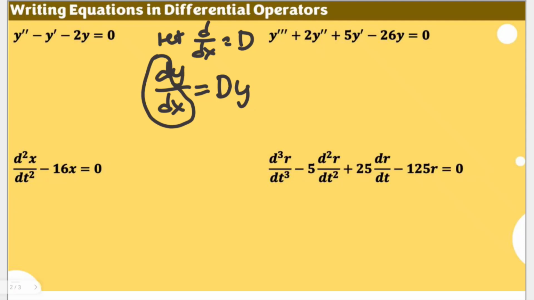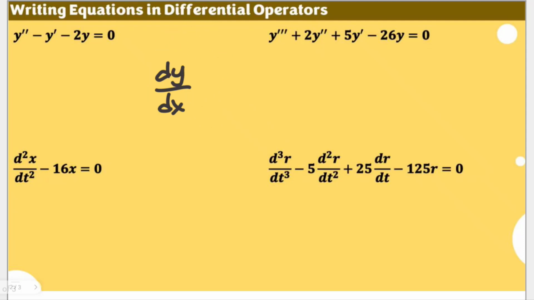It's also important to know what our dependent and independent variables are here, because what will happen now is that you will be looking into the dependent variable as part of your equation.